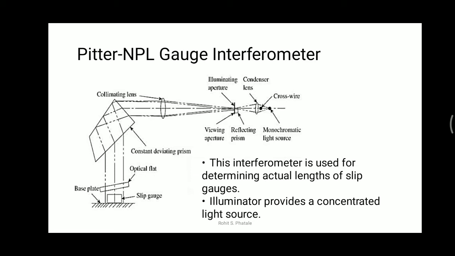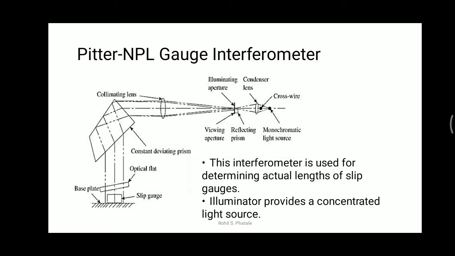The light from the monochromatic light source is generally a cadmium lamp. The light is condensed by a condensing lens and focused onto an illuminating aperture. The light from the monochromatic source falls on this illuminating aperture.